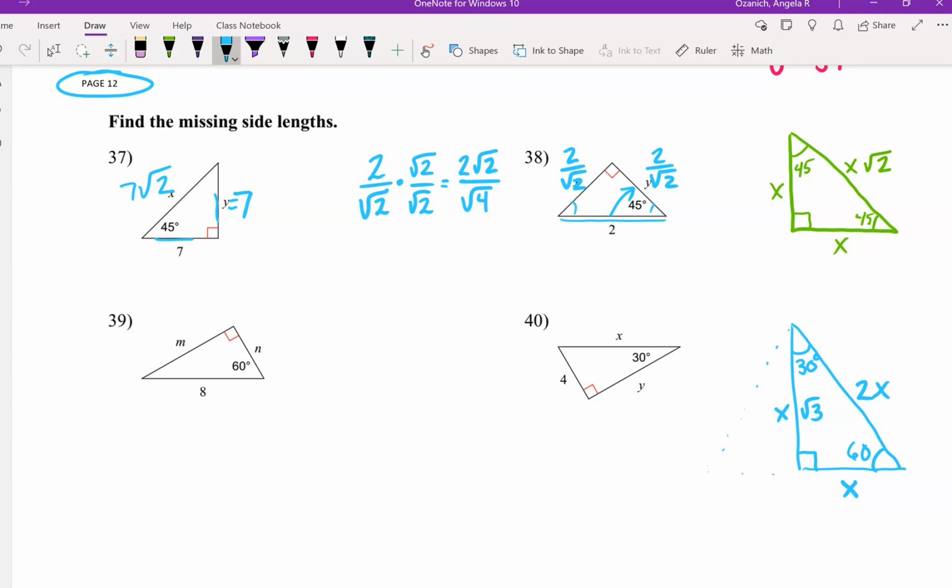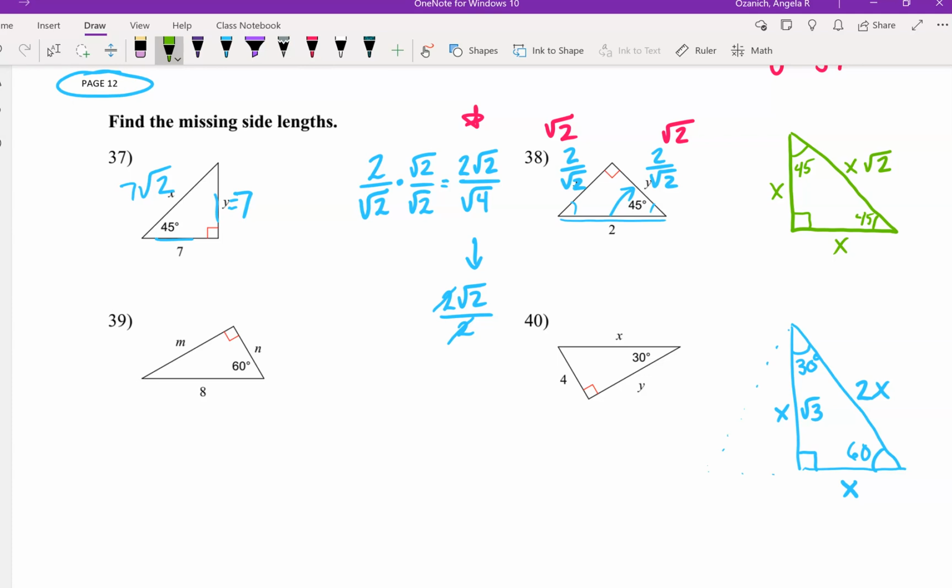I'm just going to show you this step because that's how you get that. But we know that the square root of 4 is actually 2, and then these 2's cancel. Okay, 2 divided by 2 is just 1. So the final answer you would have gotten, back here, is root 2 and root 2 for 38. Okay, a little bonus question there. That was a tricky one.